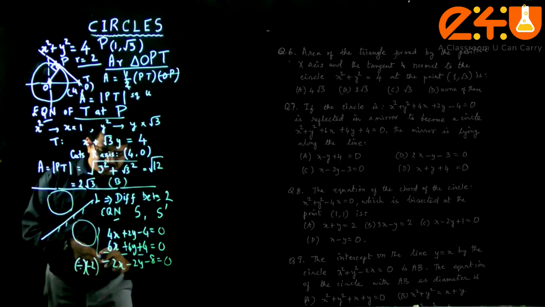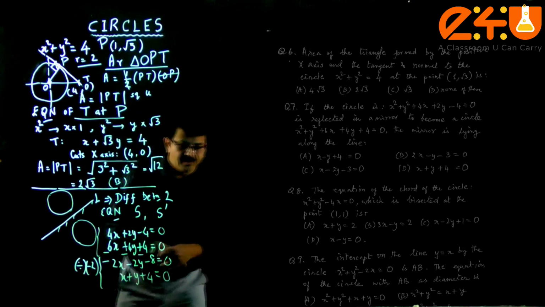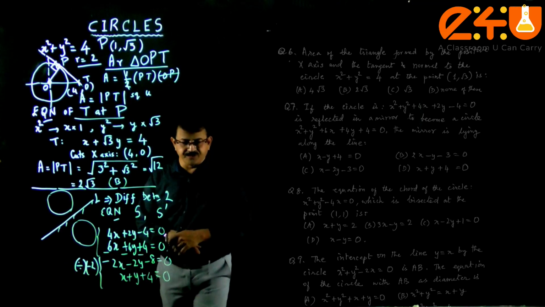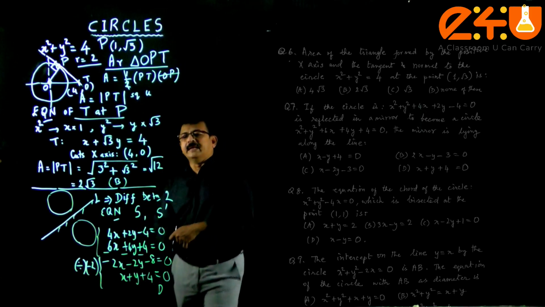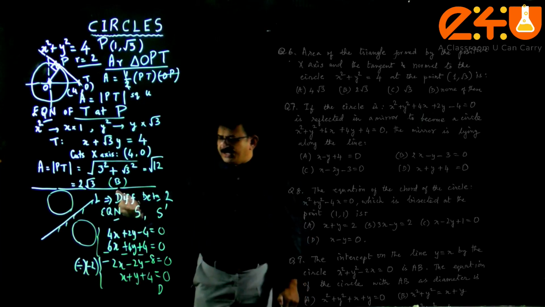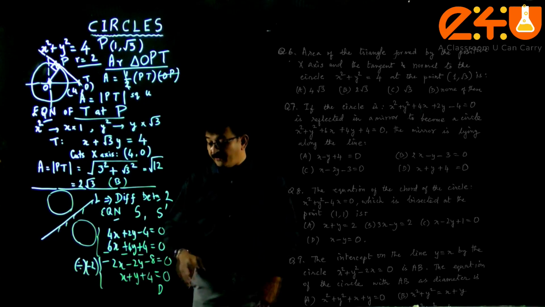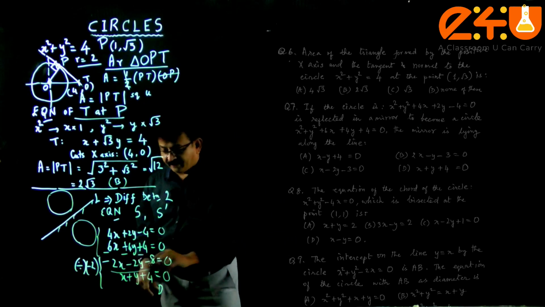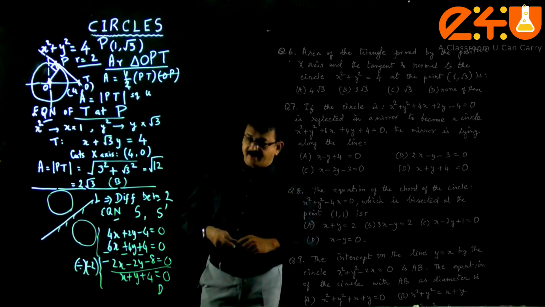Dividing everywhere by minus 2, what do I get? x plus y plus 4 equal to 0, which is found in the last option, option D. Am I right? What we have done is a simple subtraction, and already you end up with the equation of the straight line which is acting as the mirror to produce the image of the first circle.